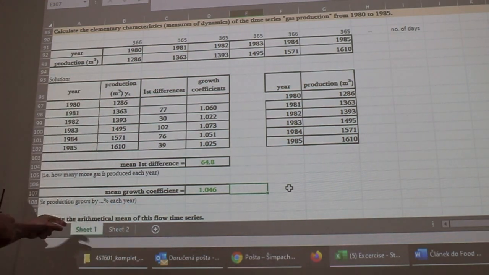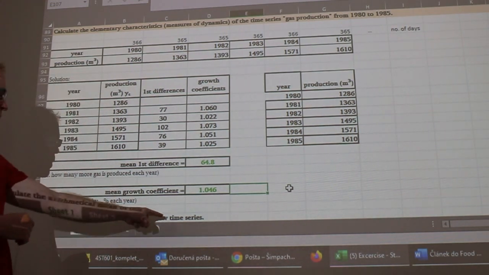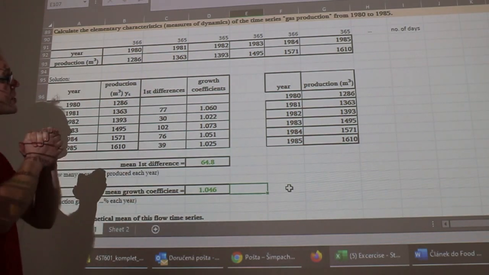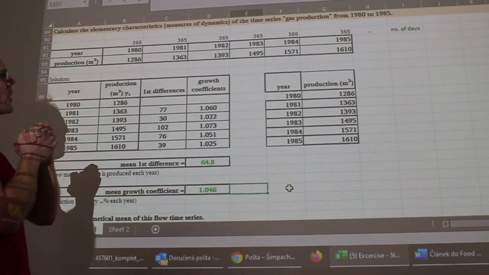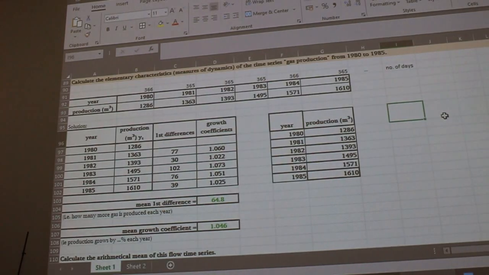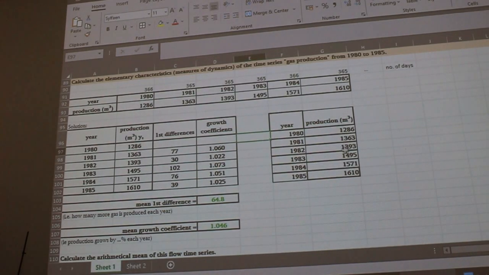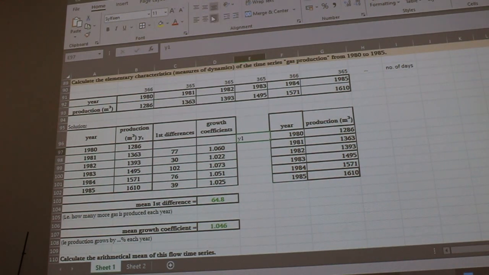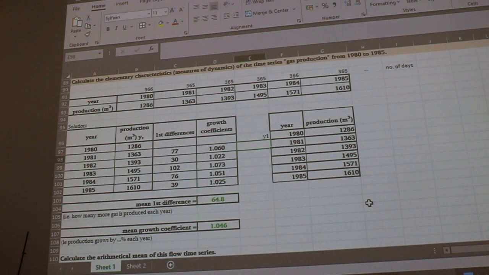Okay, and finally we can calculate arithmetical mean of this flow time series. So I will add here the labels. This is my observation y1, y2 is here, y3, y4, y5, and y6.